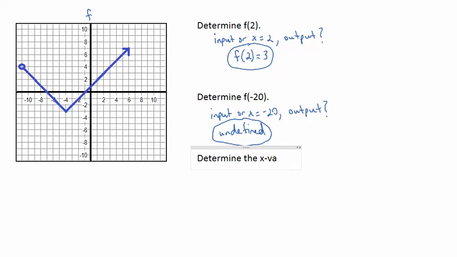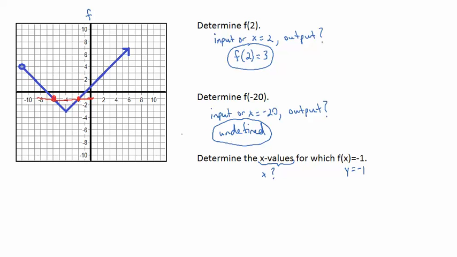Determine the x values for which f of x equals negative 1. So now what I know is I'm looking for x, and I know that y equals negative 1. So now I'm scanning my y-axis. y is negative 1 right here, and I can see that I hit 2 points when y is negative 1.